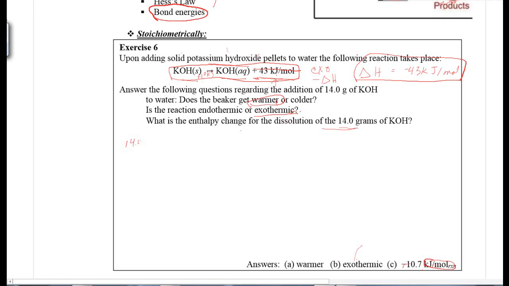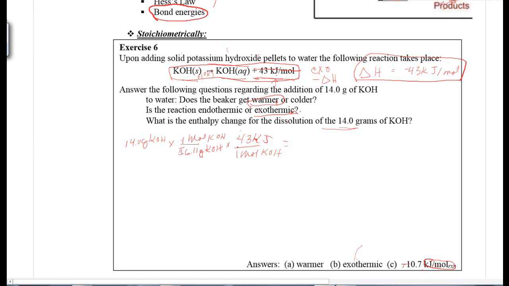So I have 14.0 grams of potassium hydroxide. What I know is the molar mass of potassium hydroxide is 56.11 grams of potassium hydroxide is 1 mole of potassium hydroxide. And what I know based on what's given to me in the problem is that 1 mole of potassium hydroxide in this reaction generates 43 kilojoules.